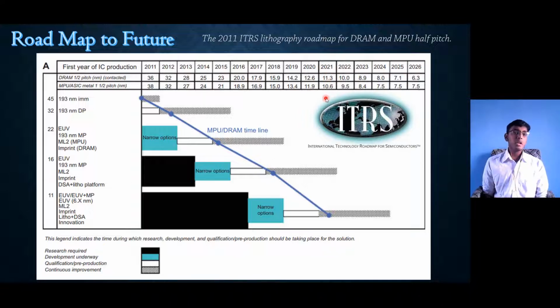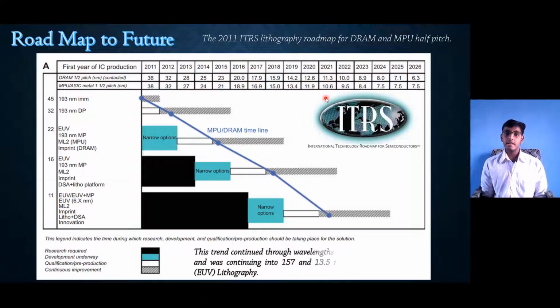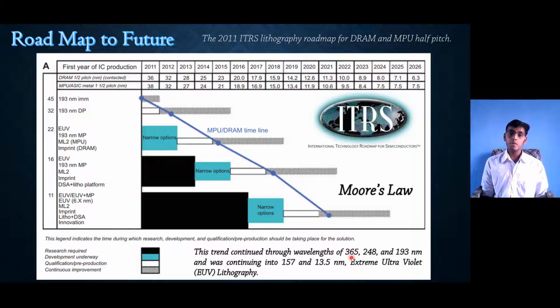To lower the value of this half pitch, we also need to improve the wavelength of our sources, and this wavelength of our sources improved from 365 nanometers to 193 nanometers, and continued to extreme ultraviolet regions of 157 nanometers and 135 nanometers. This is our famous Moore's law. What does it tell?